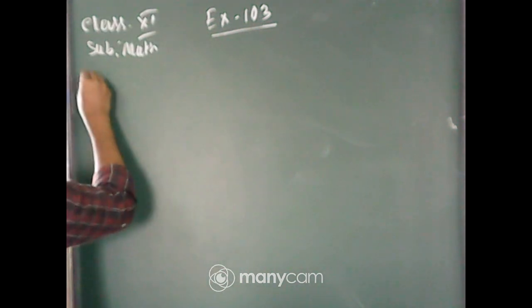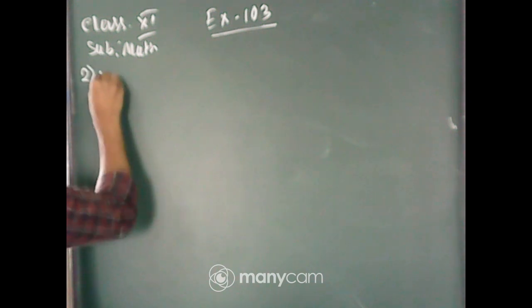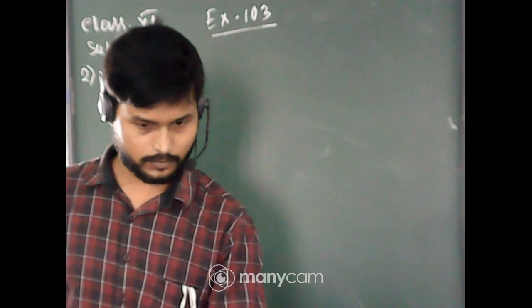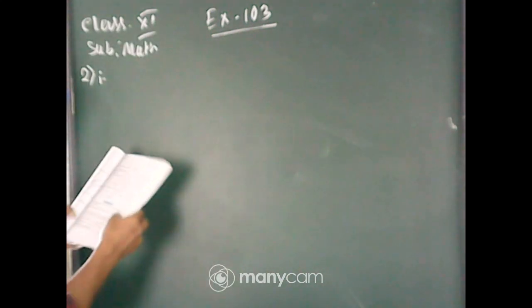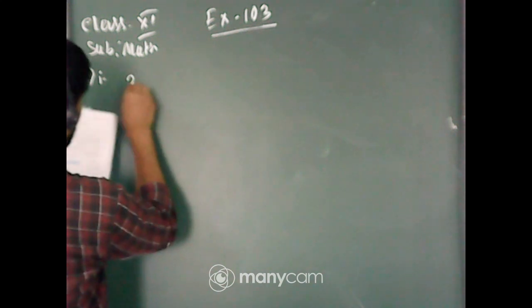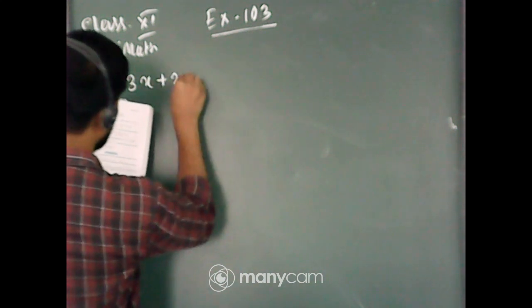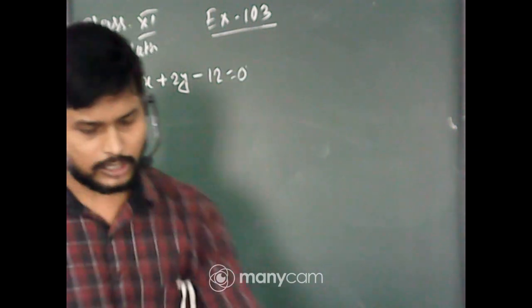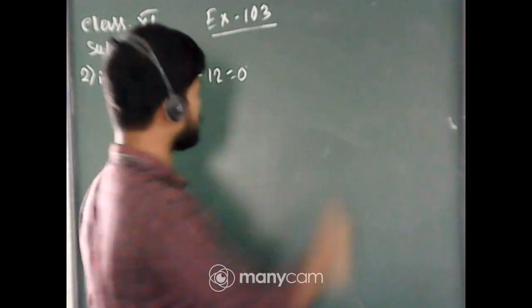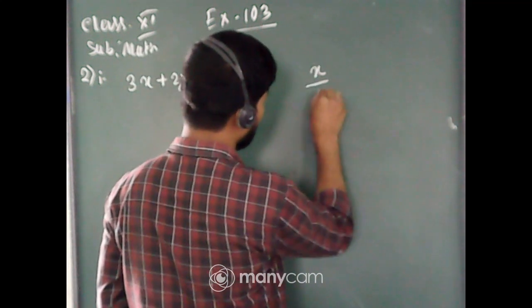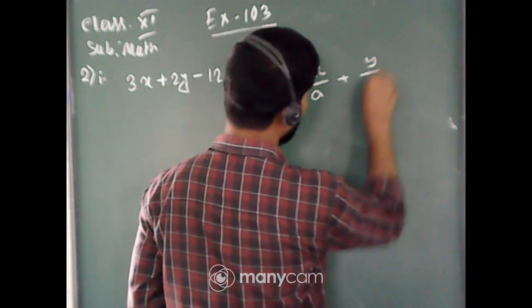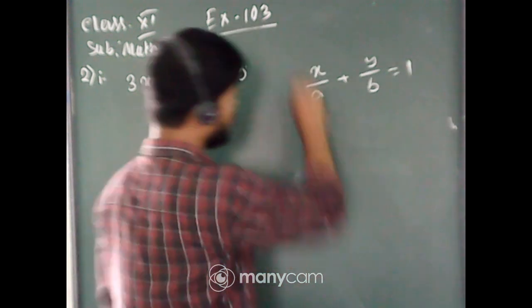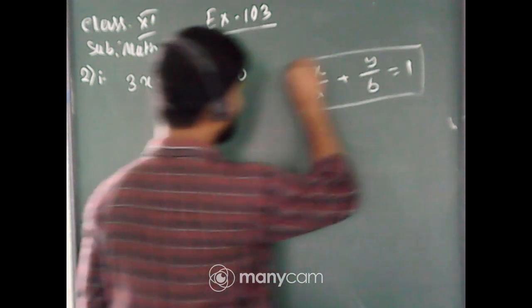Otherwise, write no. Okay, let me write the question first: 3x plus 2y minus 12 equal to 0. The intercept form of a straight line is x by a plus y by b is equal to 1.